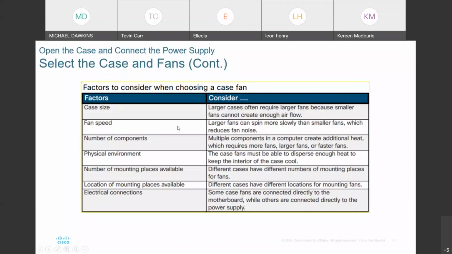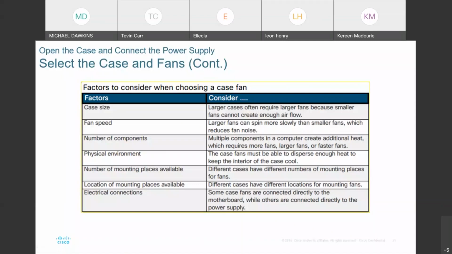Fan speed: larger fans can spin more slowly than smaller fans, which reduces the noise. You might ask why you would get one fan that spins slowly. But you have to remember that even though it's spinning slowly, it's larger, so it's circulating more air. You understand?